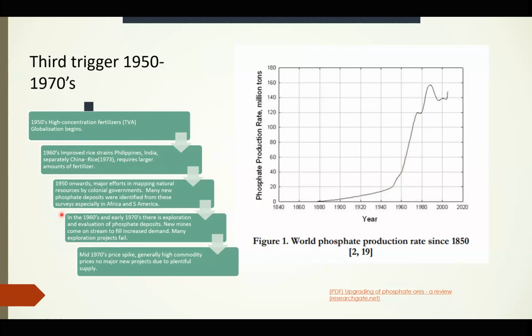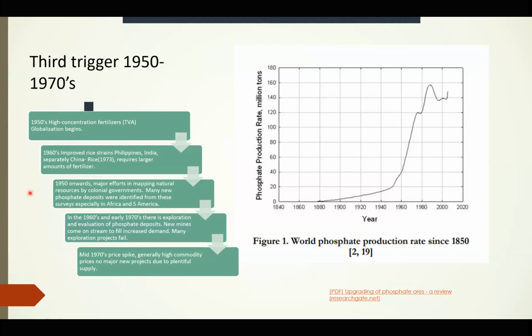Okay. All right, so we need the production. The other thing that's actually happening at the same time, again, after World War II, a lot of the colonial governments and other ones, India and the US, are also looking for mapping of strategic materials.